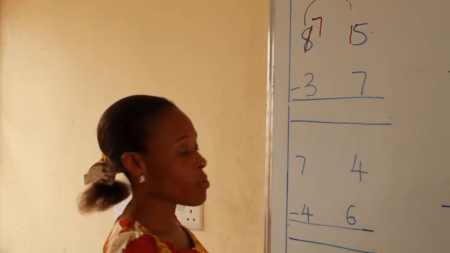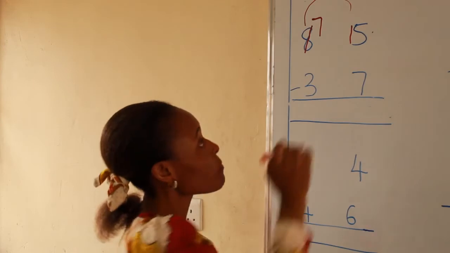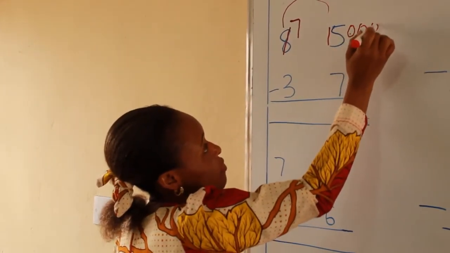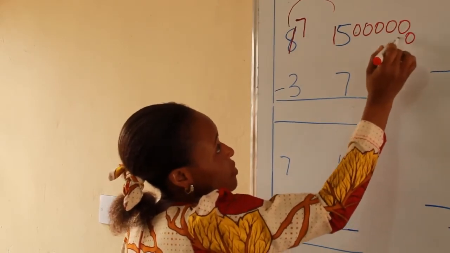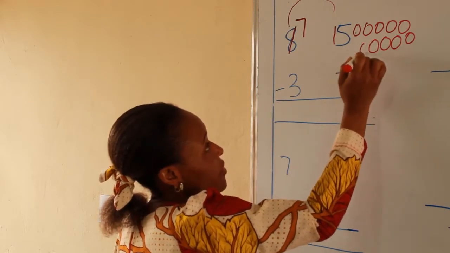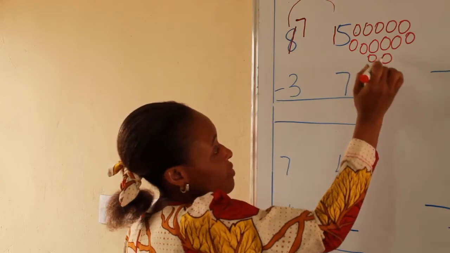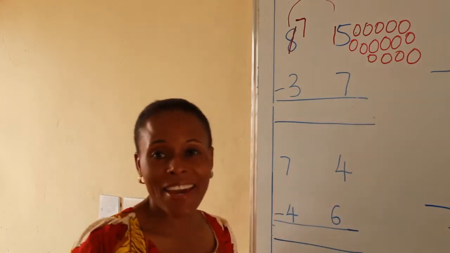Let's draw the counters together. 15 counters, children, don't forget. 1, 2, 3, 4, 5, 6, 7, 8, 9, 10, 11, 12, 13, 14, and 15.